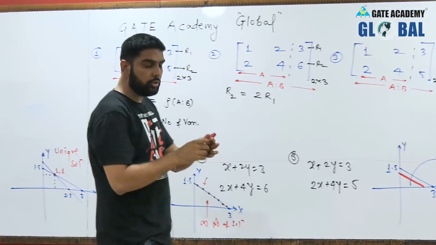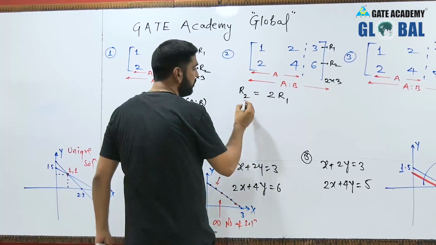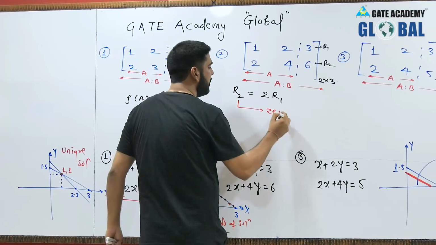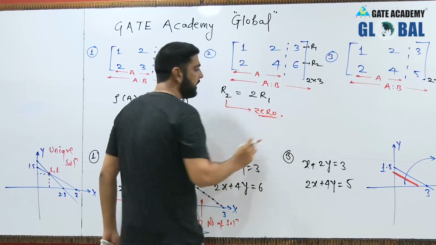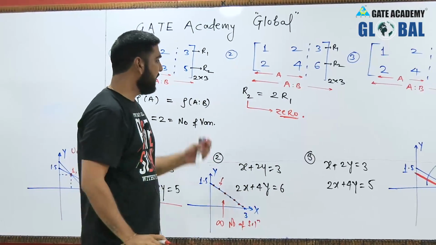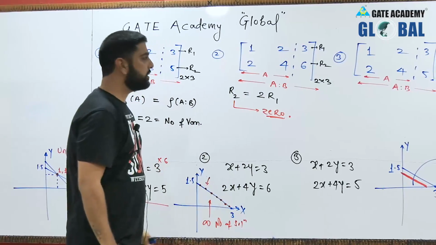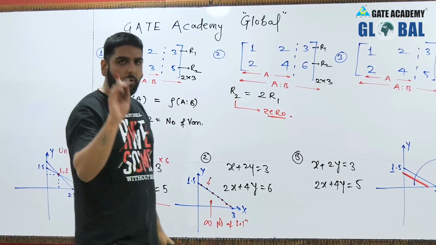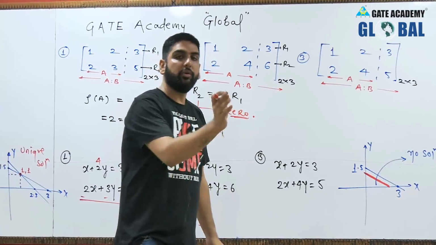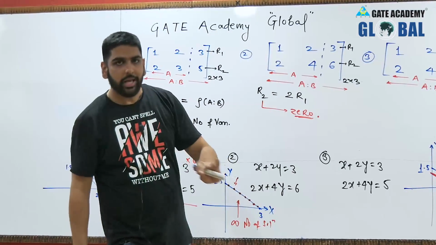So R2 is equal to 2R1, that means R2 can be converted into 0, and if you want to calculate the rank, we need not include this 0. That means R2 is not counted in the counting of rank at all.